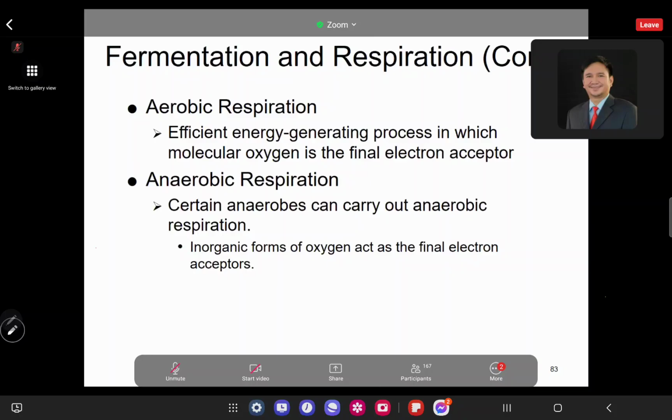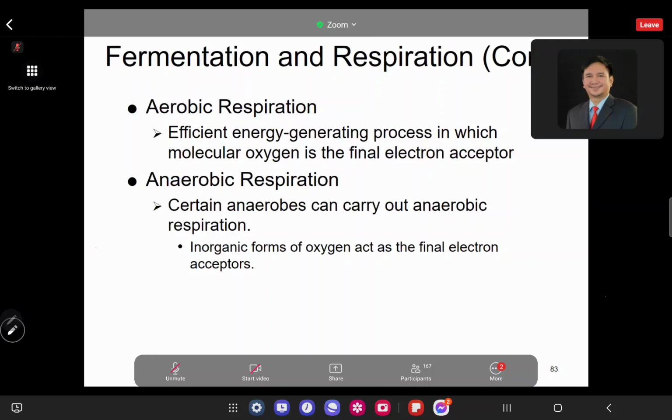Here, molecular oxygen serves as the final electron acceptor in the electron transport chain or ETC. While in anaerobic respiration, certain anaerobic organisms utilize inorganic forms of oxygen, such as nitrate or sulfate, as the final electron acceptors instead of molecular oxygen.